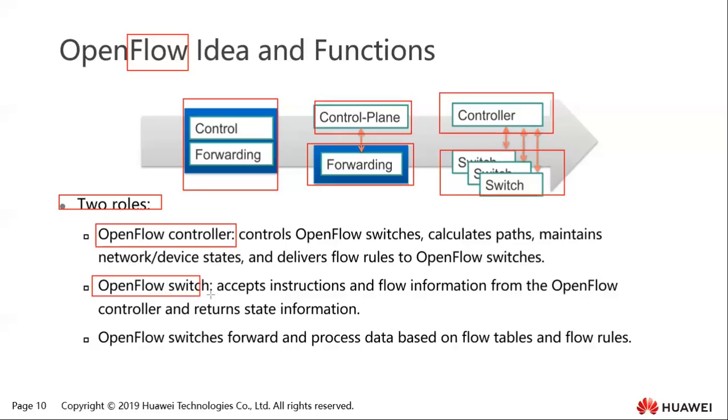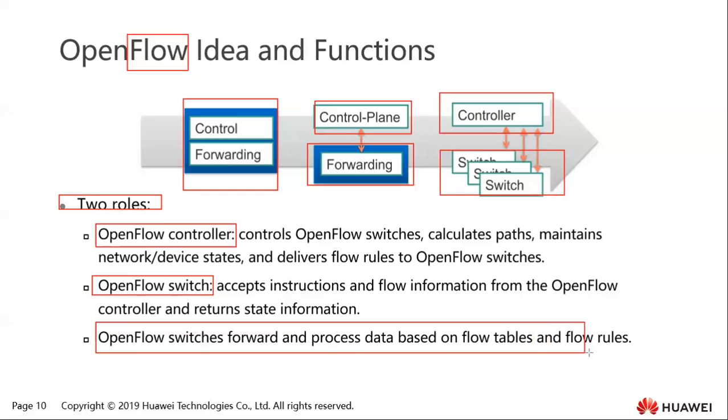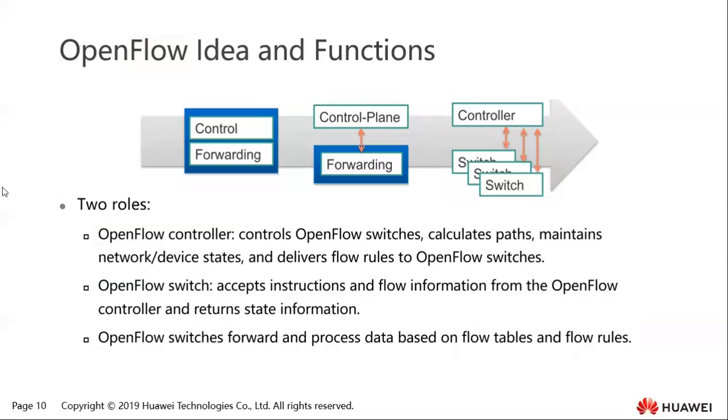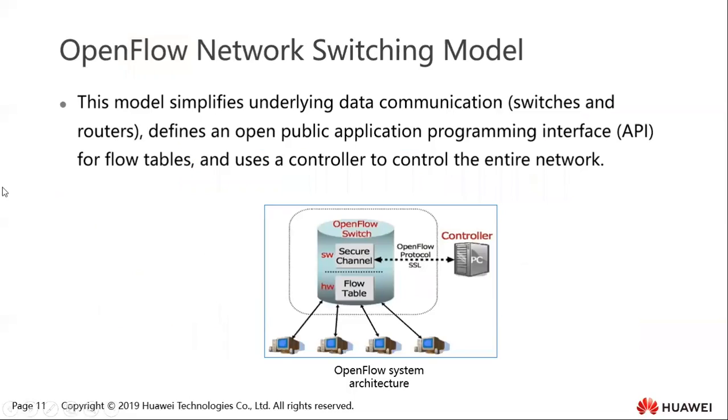Then you have an OpenFlow switch, which accepts instructions and flow information from the OpenFlow controller and returns state information. OpenFlow switches forward and process data based on the flow tables and the flow rules. So this equipment does not actually calculate routes. The calculation is done by the OpenFlow controller. So that is how OpenFlow actually implements that.